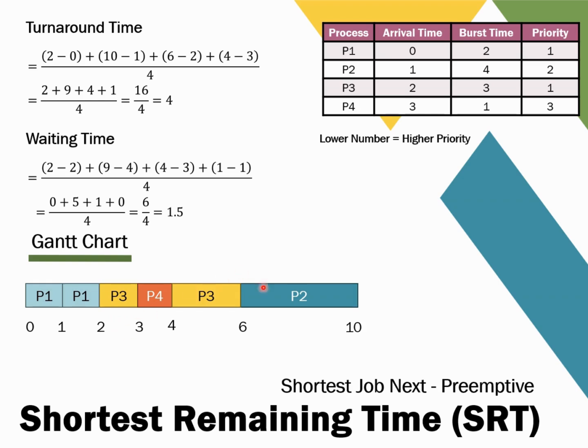It needed 3, but between 3 and 4 the CPU was taken from P3 and it had to wait, because the CPU went to P4. So between its arrival and completion, P3 spent 1 nanosecond waiting for the CPU. So it totally makes sense.